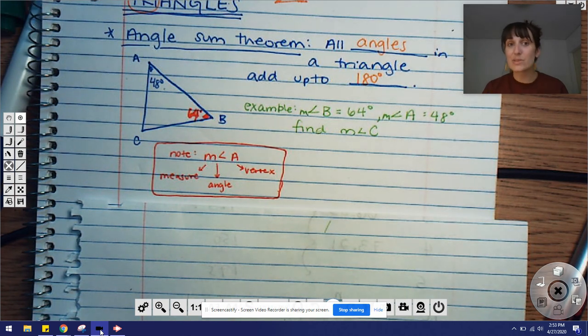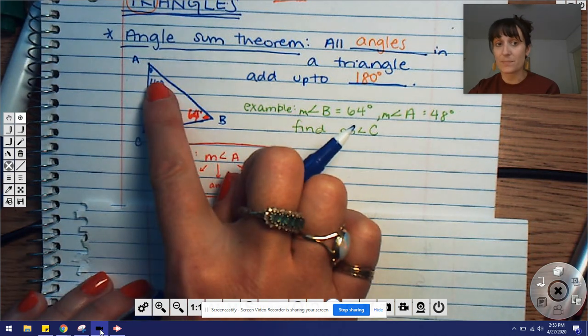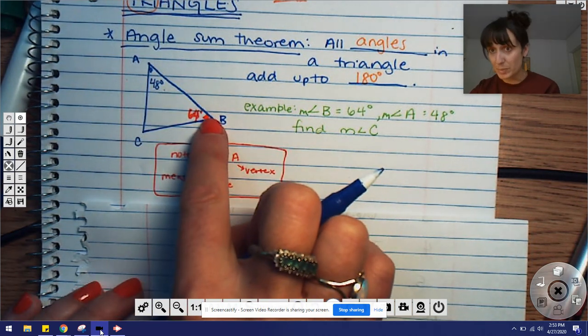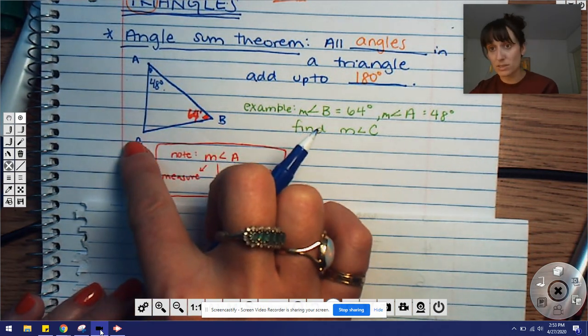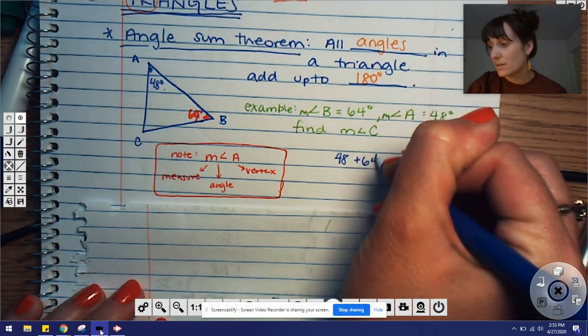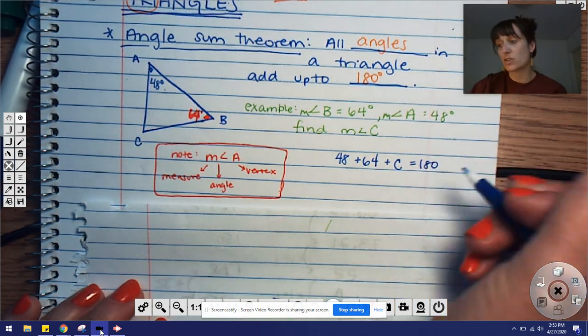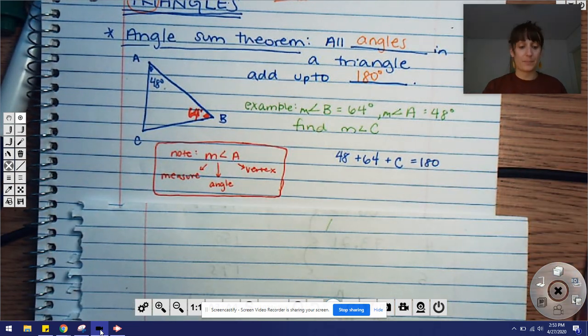Well, now I can use the angle sum theorem that says that all three of the angles should add up to 180 degrees. So that means the measure of angle A plus the measure of angle B plus the measure of angle C should equal 180. 48 plus 64 plus whatever C is should give me 180.